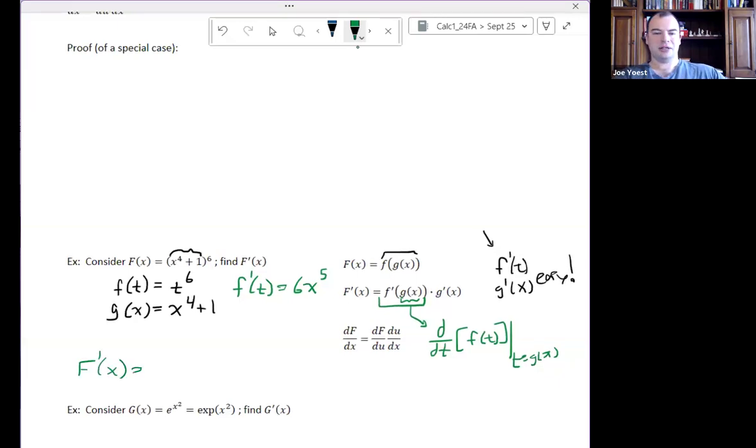So big F prime of x is little f prime. Oh, not an x there, that should be a t. So big F prime of x is little f prime, which is 6 times something to the 5th power. What is that something? I want it to be the original g of x, x to the 4th plus 1.